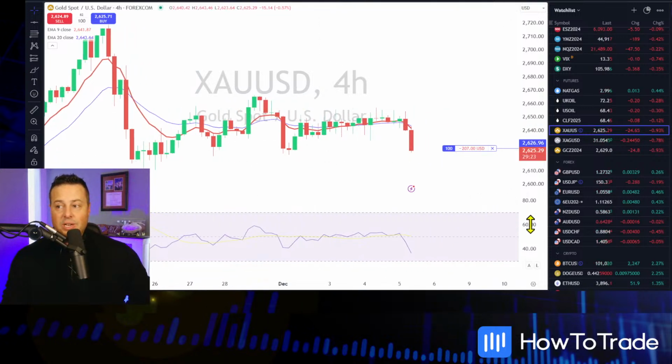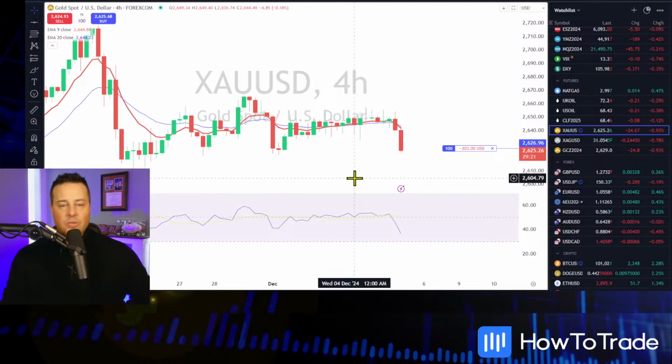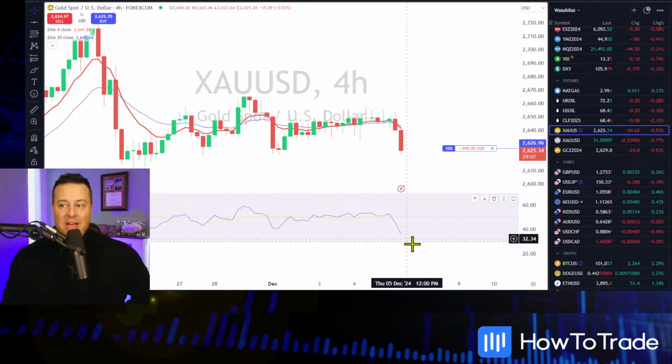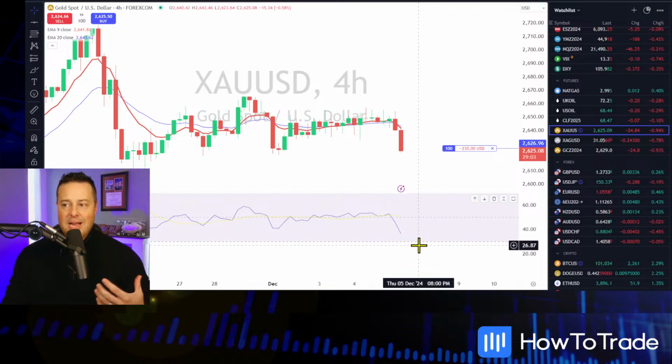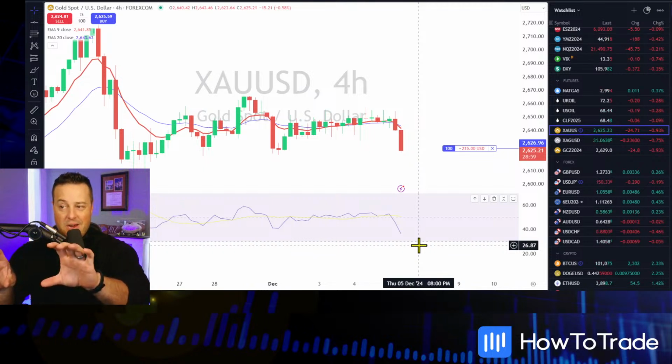You'd still be riding this thing south, and it's not looking too bad now. So the real question is, we just put a buy in because we were sort of in rotational conditions, and now we're breaking. Can we buy it according to this strategy, the 9/20 crossover with RSI confirmation? No, we cannot. Why not? Because we don't have that buy signal, the buy confirmation from the RSI. So the way that I would look at this is I would look at my RSI first and say, all right, are we in overbought or oversold territory?